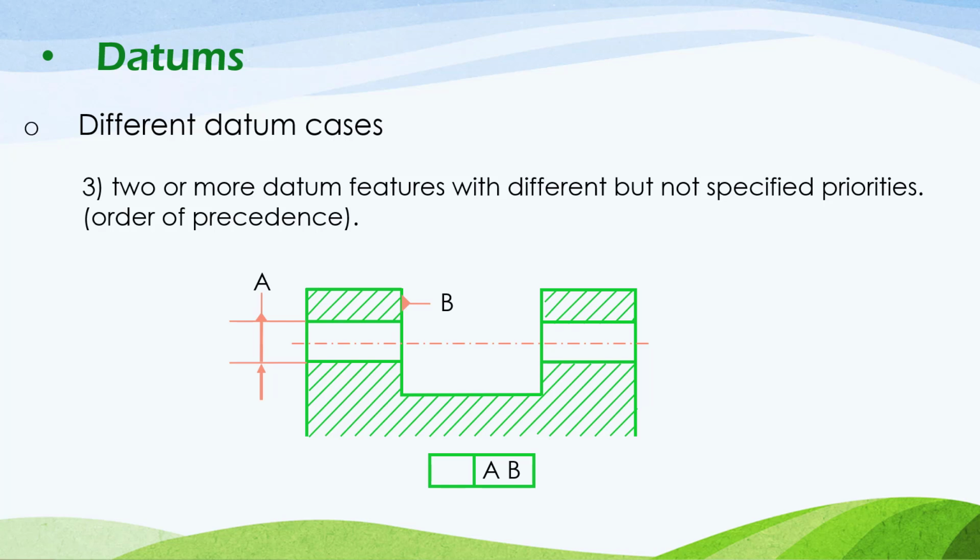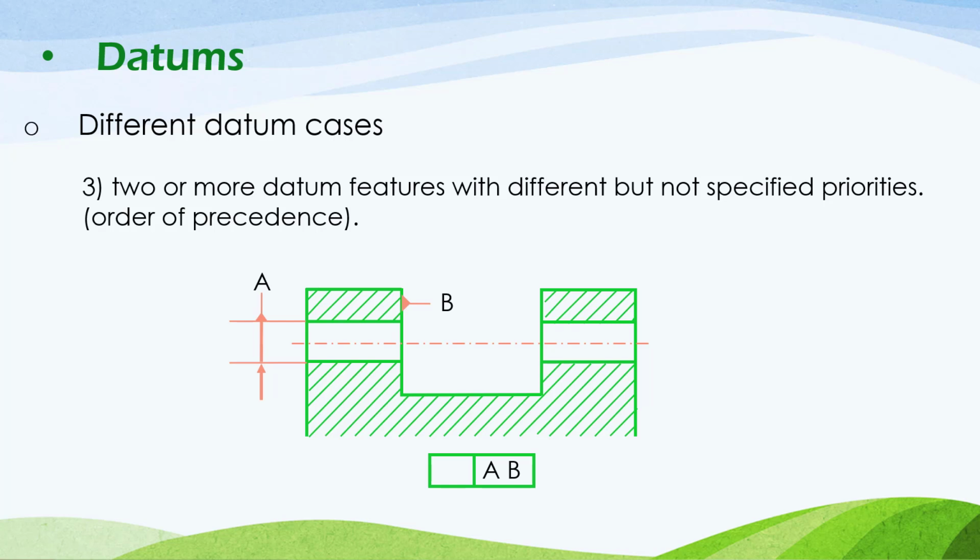And in this condition, the datum features are typed beside each other with no split between them, so they are typed directly beside each other. But this is not a good tolerancing expression, or it's not a good way to describe the tolerance annotation, because it doesn't specify which datum feature has the highest priority or which one has the lowest priority.